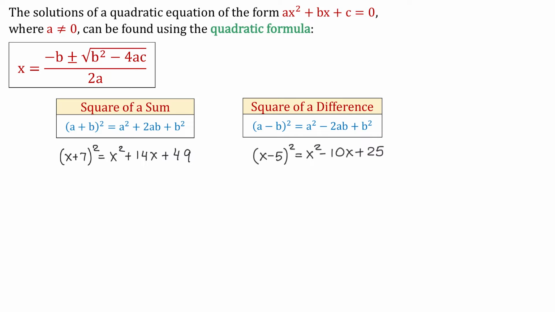Now, it's important to know that a trinomial that we get by raising a binomial to the second power is called a perfect square trinomial. So, both these are examples of perfect square trinomials. Now, notice that perfect square trinomials have special characteristics.